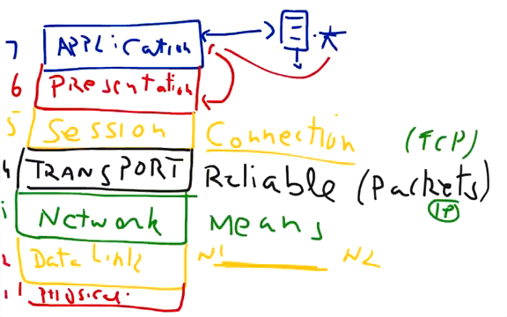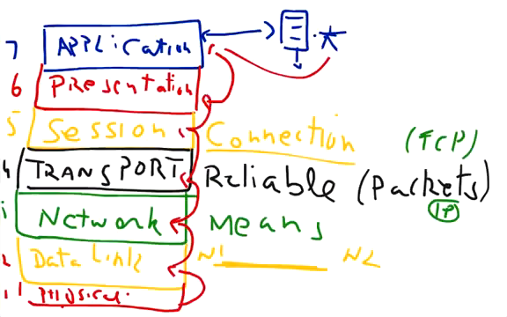So we have the physical layer at the bottom, number 1, then the data link layer, then the network layer, then the transport layer. On top of transport layer, we have the session layer.